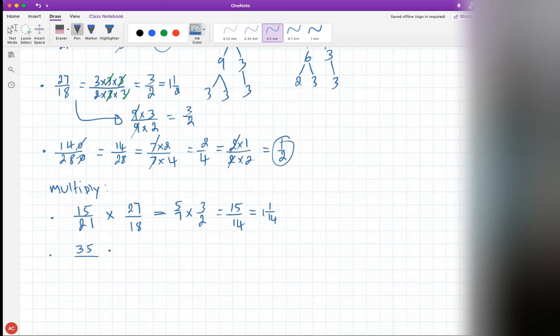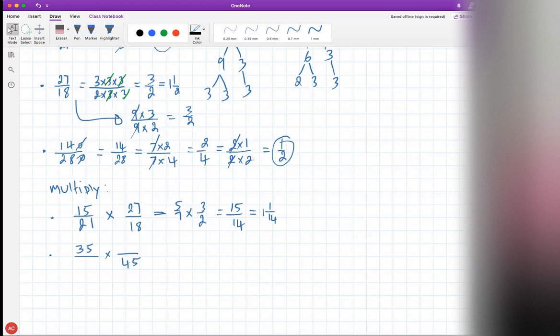35. So the answer would be 15/14 only if the question says just multiply and simplify, right? But if it's a mixed number, multiply mixed numbers, then we go to a mixed number at the end. Correct, yeah.